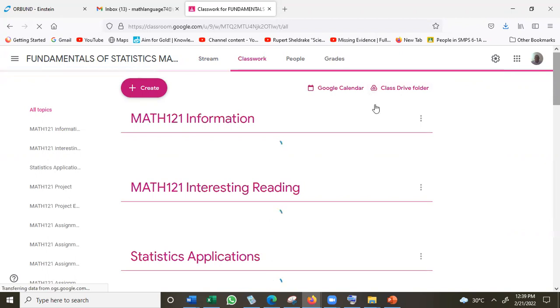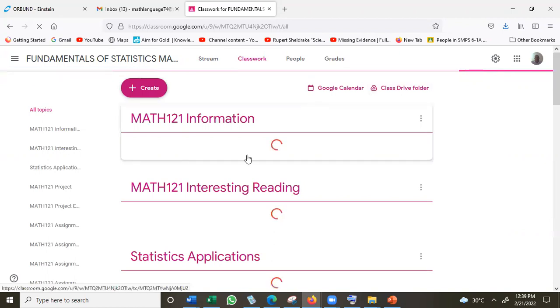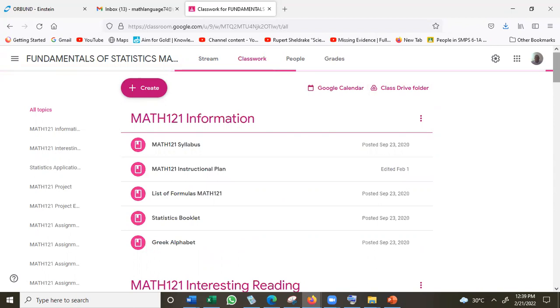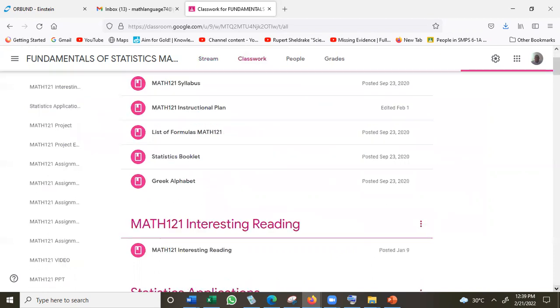Here you have the Math 1-to-1 information. Here you have the interesting readings, statistics application, the project. Information on the project.